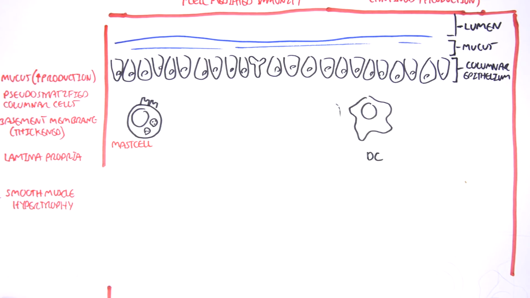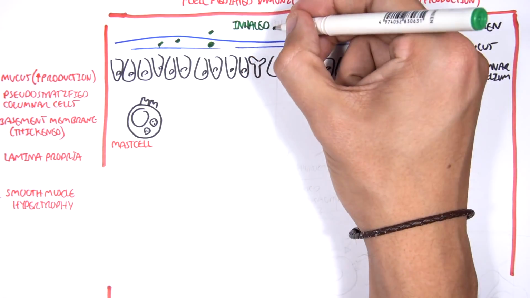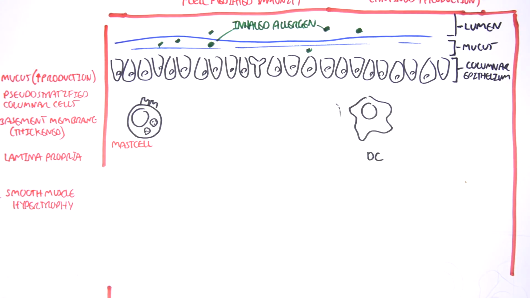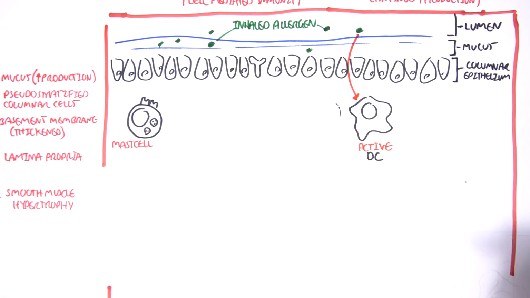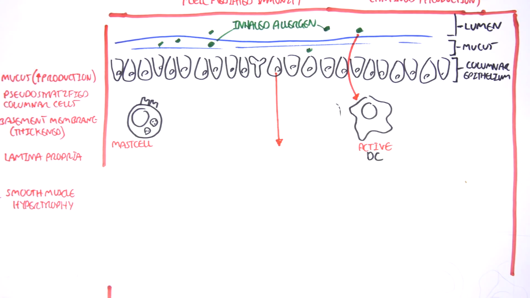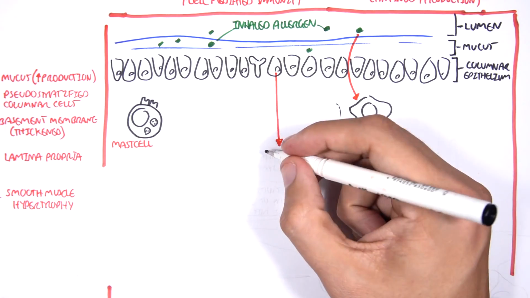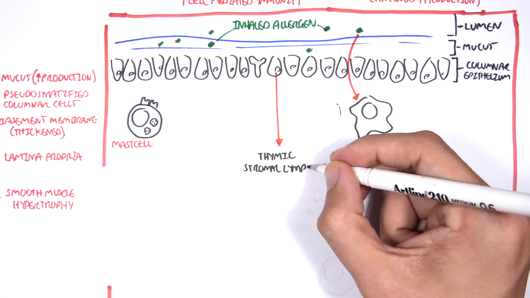And okay, so in asthma, let's just say an asthmatic inhales an allergen, and this allergen will trigger a reaction. So a few things can happen. One thing is that the allergen will be engulfed by dendritic cells and activate the dendritic cells. Also, the columnar epithelial cells will recognize this and secrete a substance called thymic stromal lymphopoietin.